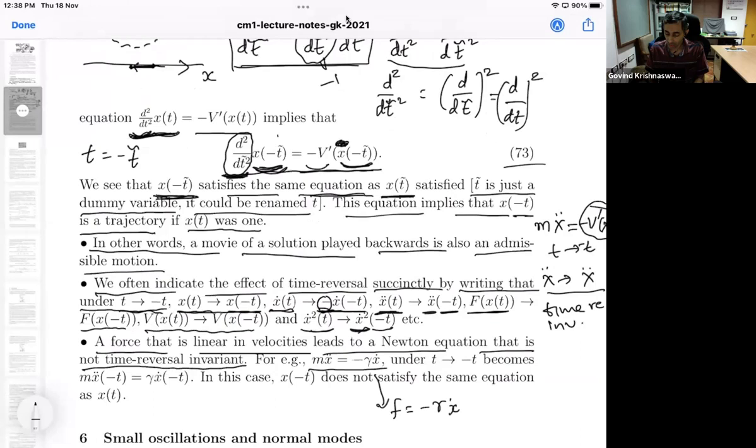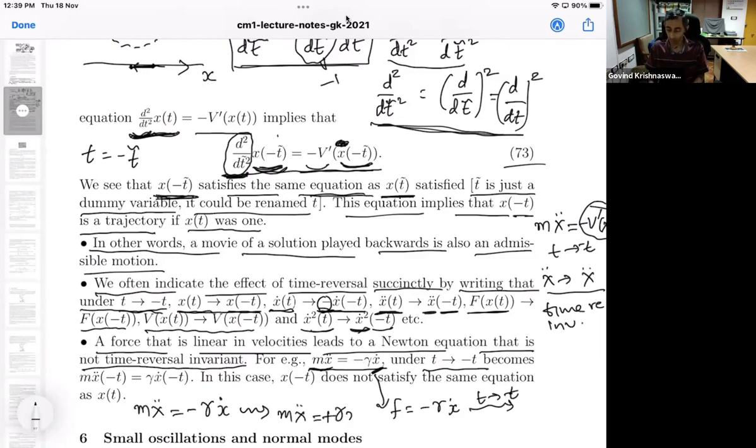Now, under time reversal, the left-hand side will not change in sign, because you just argued that the second derivative does not change in sign. That is what we showed here. But the right-hand side, being linear in velocity, will reverse sign. So under time reversal, m x double dot is equal to minus gamma x dot will get replaced by m x double dot is equal to plus gamma x dot.